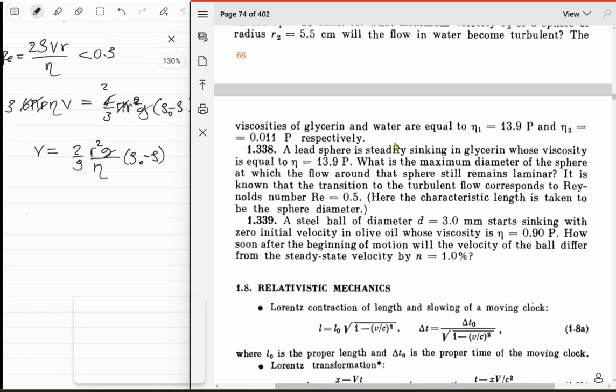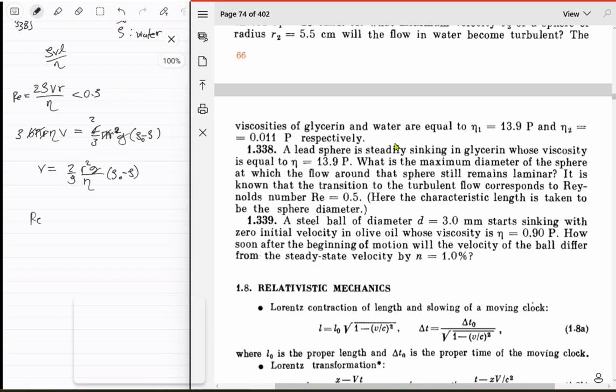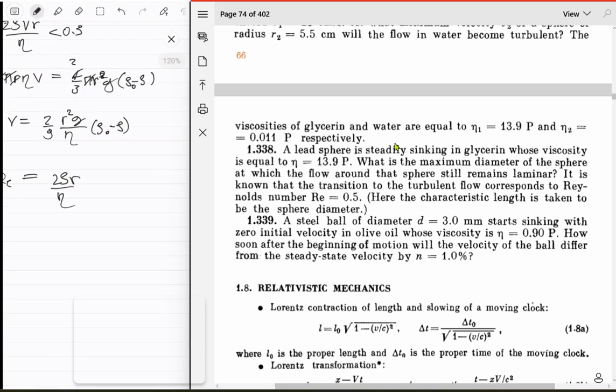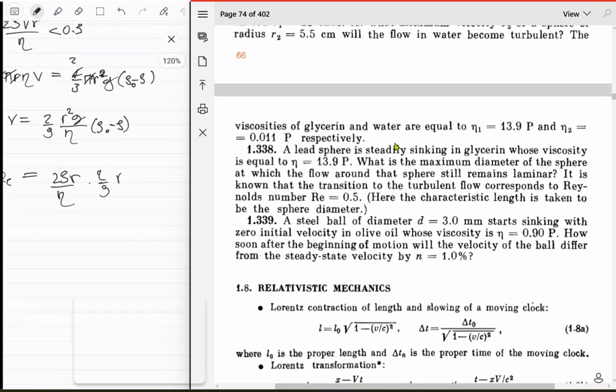So Reynolds number, we'll be using this formula in any case. So just leave it like that. Then Reynolds number will be what? 2 rho v r upon eta. So 2 rho r upon eta times v, which is this thing. So 2 upon 9 r squared g upon eta times rho naught minus rho.